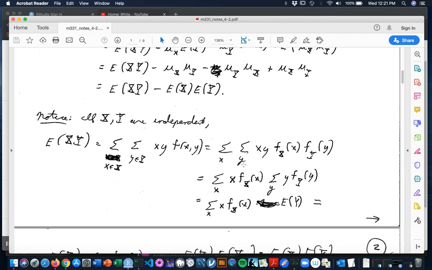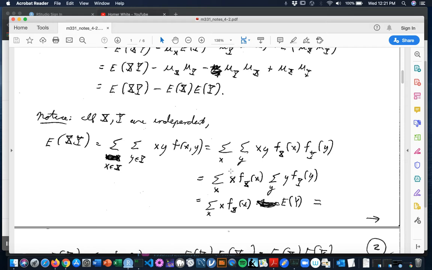And because of the independence, the joint PMF is the product of the marginals. So think about this. You've got this little sum over the y's where the x is fixed for the moment. And so the x and the f sub capital X of little x are constants as far as this sum sign is concerned.